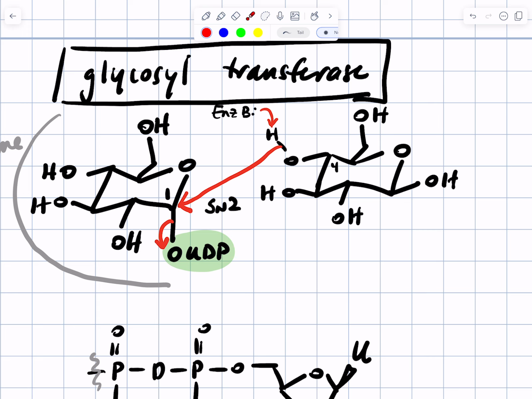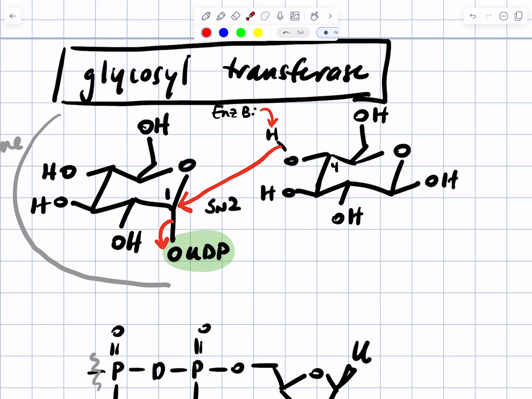Okay? How does it do that? Well, enzymes are all about altering reaction mechanism to favor a particular pathway. So presumably, and I don't know this, there are presumably features that prevent the UDP group from leaving until the nucleophile comes in and attacks.